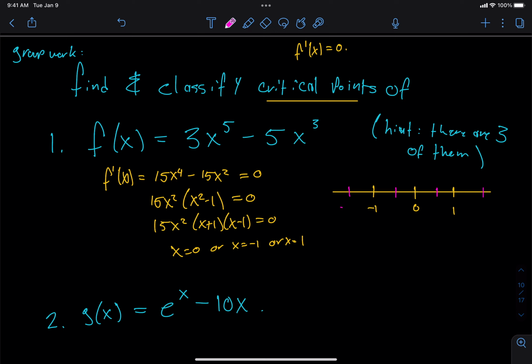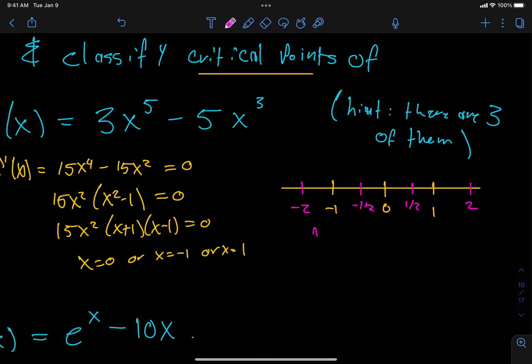So I might try -2, -0.5, 0.5, and 2. Those would be good points. So f prime of -2, if I put in -2 here, what am I going to get? Something positive times something negative times something negative is something positive, right? So I think it's positive.